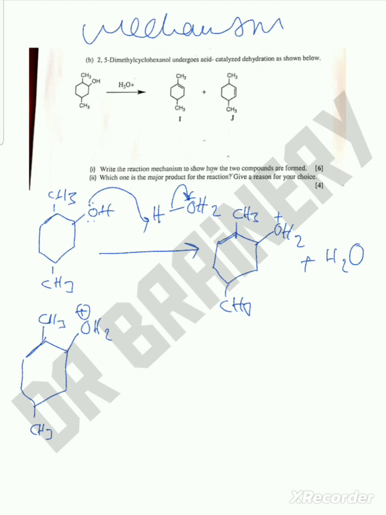I'm going to show that this water, which is a good leaving group, will go. So I'm going to show this bond has gone, giving me something like this: CH3, even here CH3, then with a positive charge here.